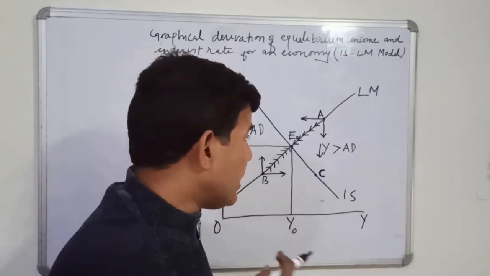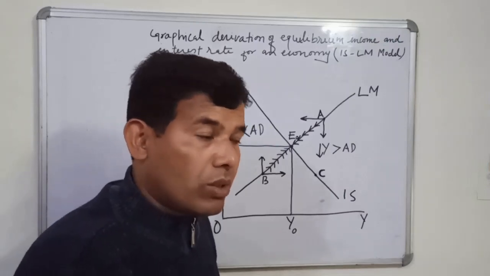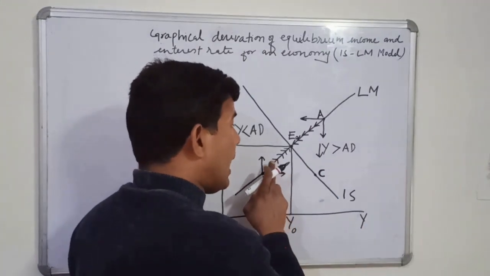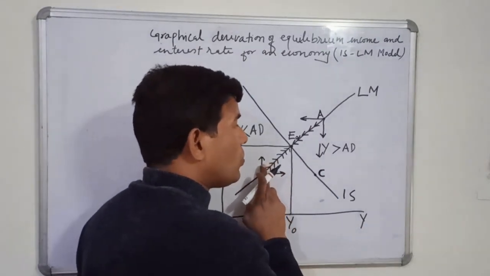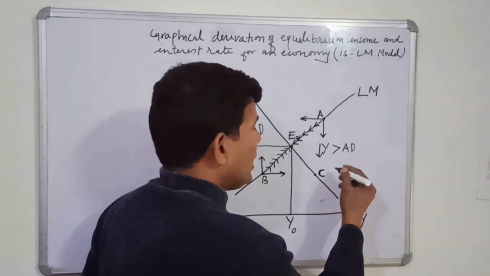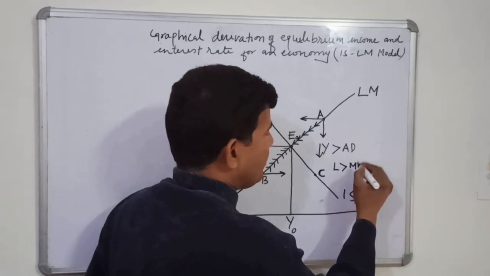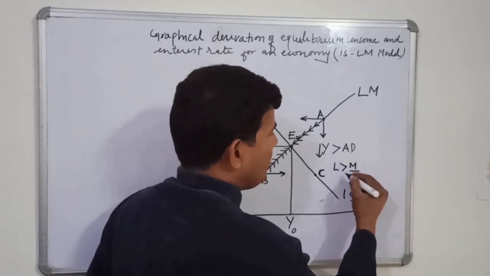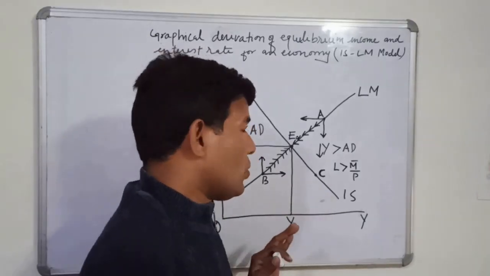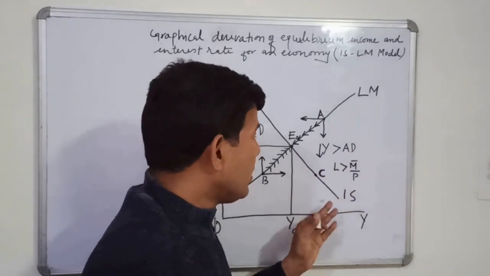So what does it mean? If money market is not in equilibrium, then what is the situation in the money market? Remember that as long as you are towards the right side of the LM curve, you have got L being greater than M by P. So what would happen when you are to the right side of the LM curve?